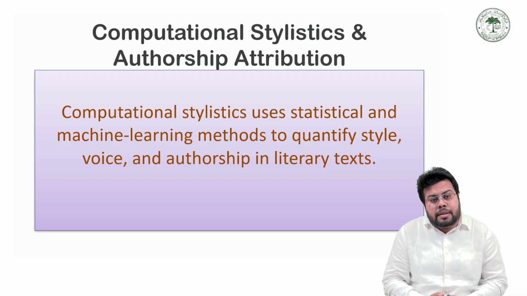Now, computational stylistics is the study of literary style using computer-based methods and statistical analysis. It examines features such as word frequency, sentence length, vocabulary richness, punctuation patterns, and grammatical structure to identify stylistic characteristics of texts.